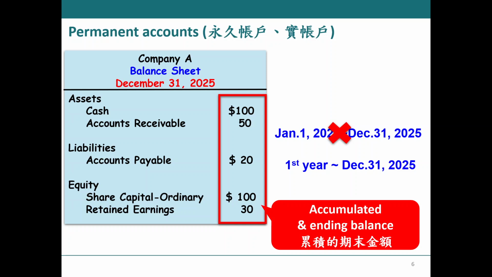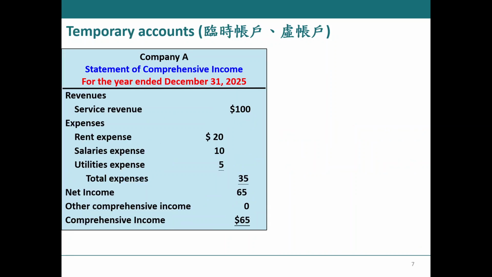So how about another financial statement? Statement of comprehensive income. What kind of information we want to provide to users? Whether your company made a profit or not this year, right? So here I told you, revenue minus expenses, you got net income. Our profit, part one.